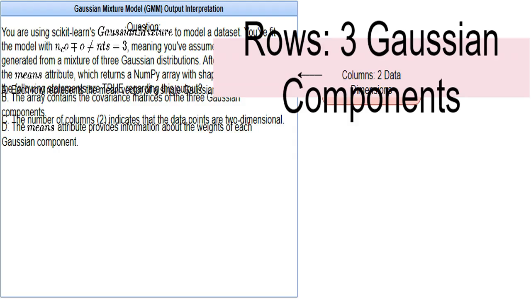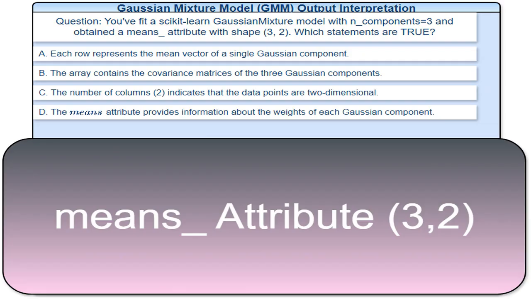I see a 3 by 2 shape for the means attribute. This tells me that we're dealing with 3 Gaussian components because of the 3 rows, and each data point has 2 features or dimensions because of the 2 columns.